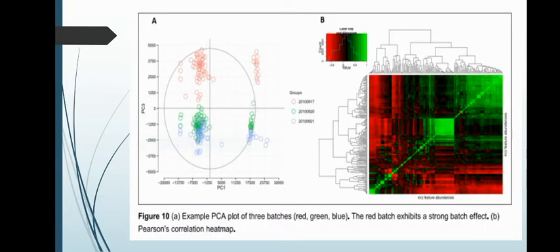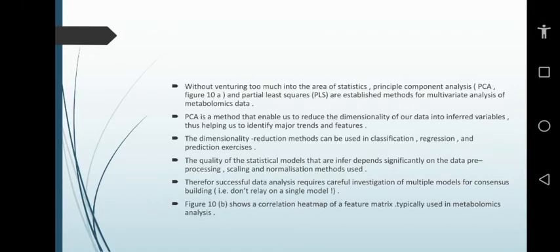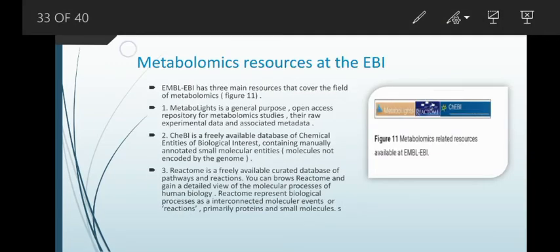In figure 10b, a correlation heat map of a feature matrix typically used in metabolomics analysis is shown. Let's move to the next slide.